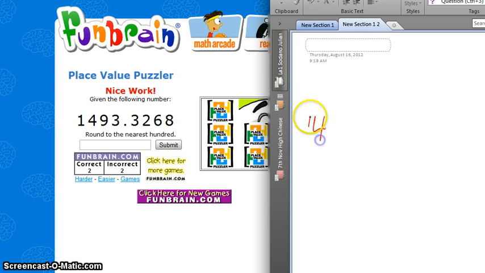14,093.3268. Okay. We're rounding to the nearest 100. Locate your digit, move right 1 digit, and determine whether it's higher than 5 or lower than 5.